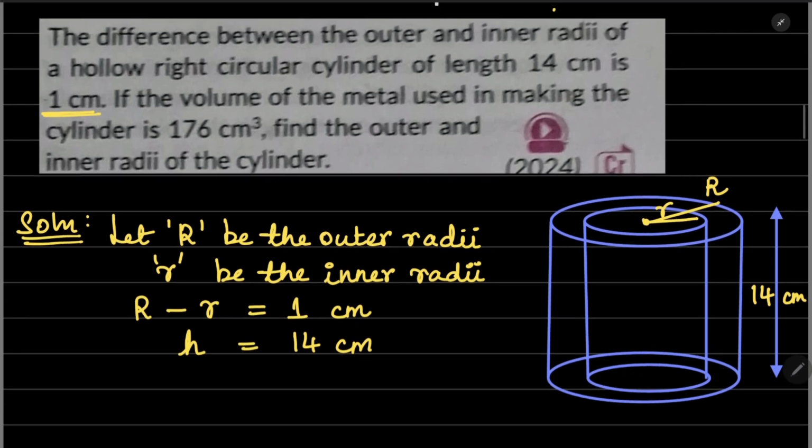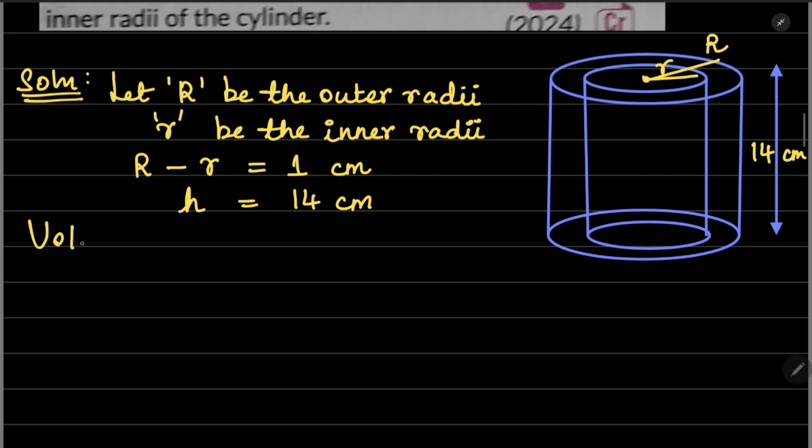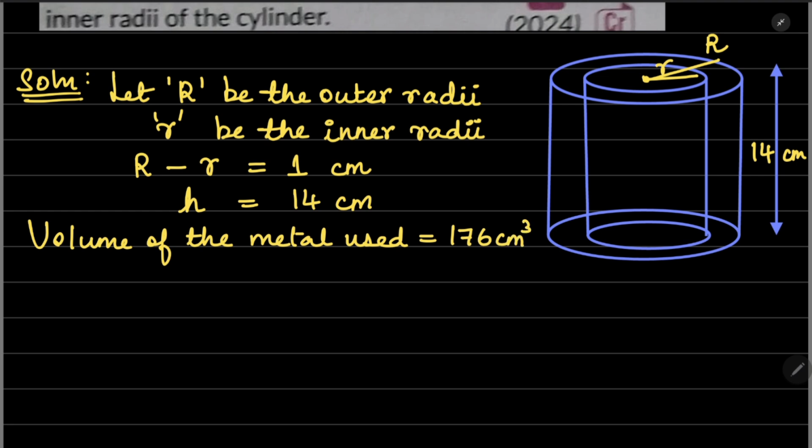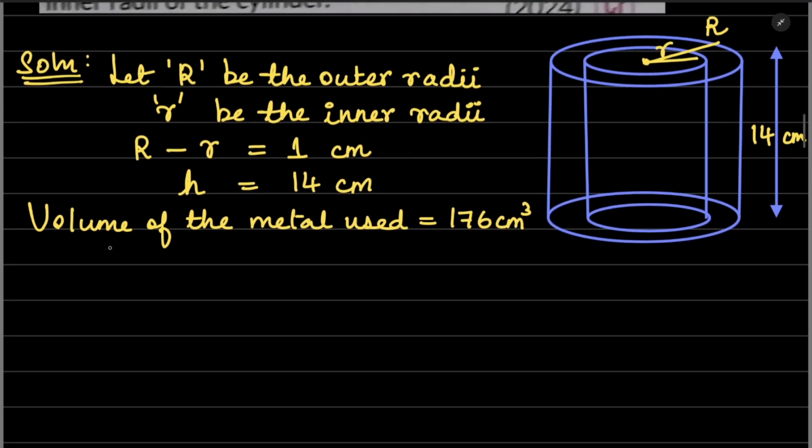You are given that the volume of the metal used to make the cylinder is 176 centimeter cube. So the volume of the metal used is nothing but 176 centimeter cube. Now since it's hollow, the volume will be the outer cylinder's volume minus the inner cylinder's volume.